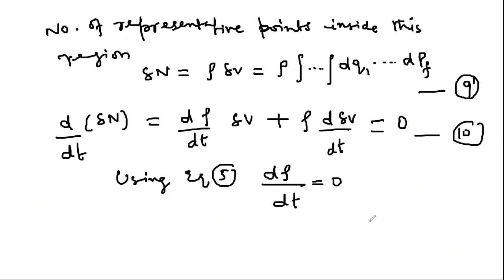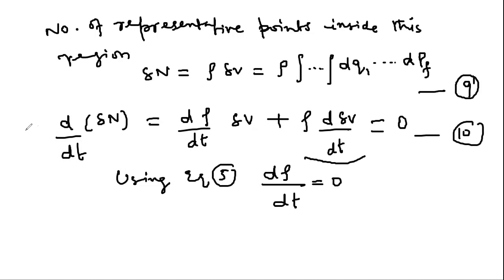Now in the second term, you have rho and the derivative of delta V with time. Rho cannot be 0 because we are discussing the situation of some ensemble. It has some non-zero rho. Then there is only one option.